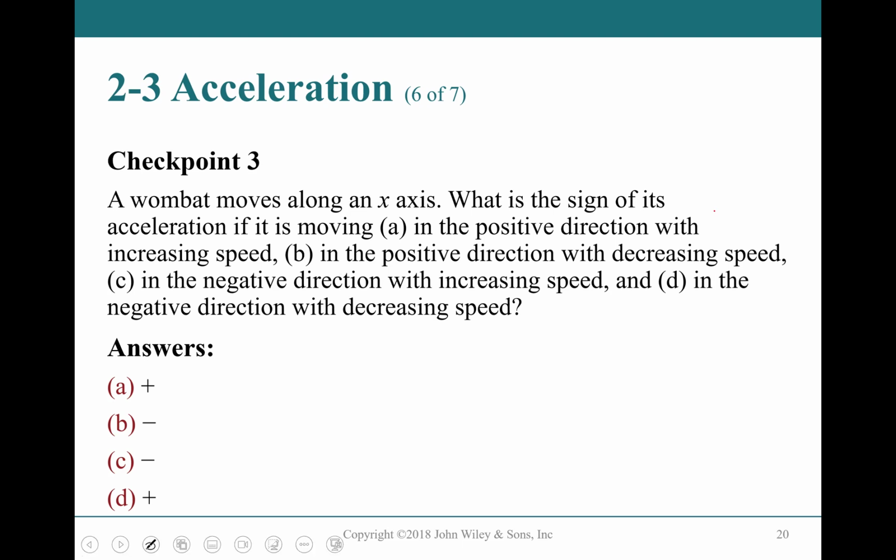Moving in the positive direction, speed is increasing, so your delta V is also positive. So that's why your A, which is equal to delta V over delta T, is also positive, okay?